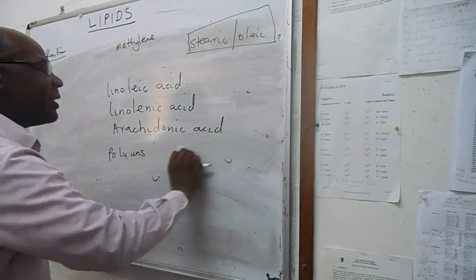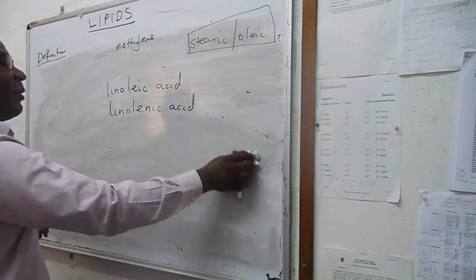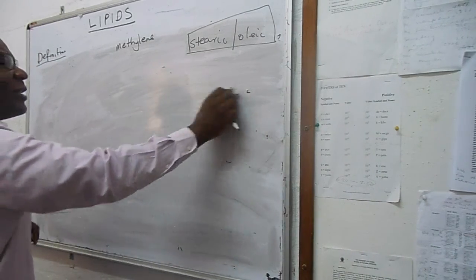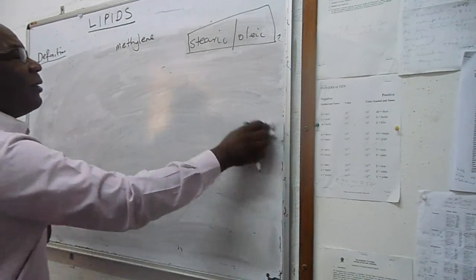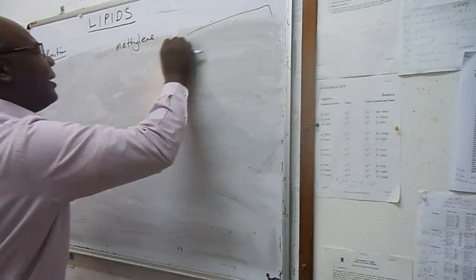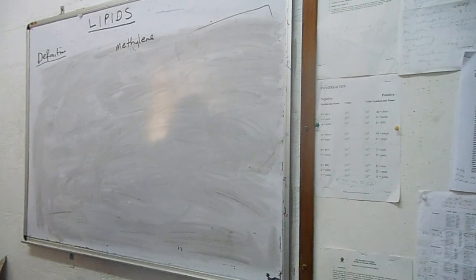Remember we are still looking at the features of the fatty acids. Just to remind you, fatty acids can be saturated or unsaturated, and fatty acids that are found in living organisms usually have even numbers of carbon. 12 is lauric acid, 14 is myristic acid, 16 is palmitic acid, 18 we said is stearic acid.